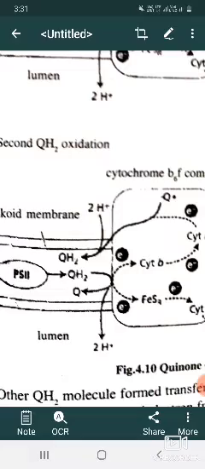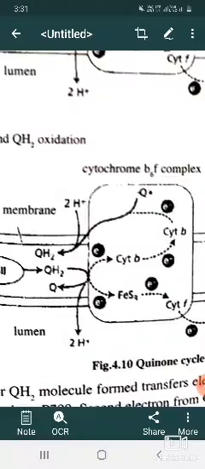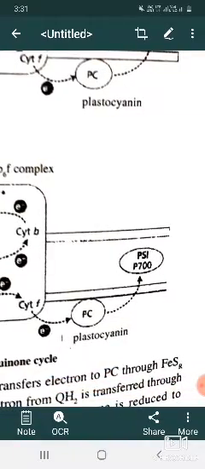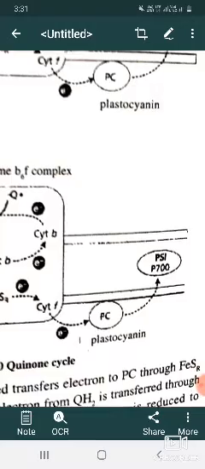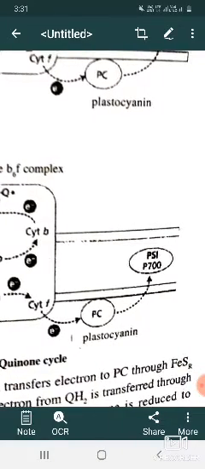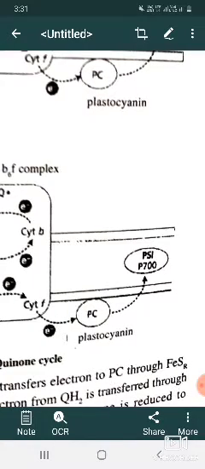So, as a result of the transfer of every two electrons to P700, these four hydrogens are transferred to the lumen through the thylakoid membrane.